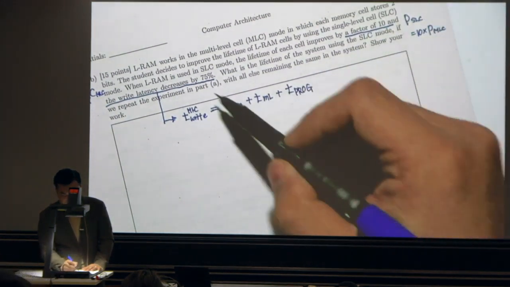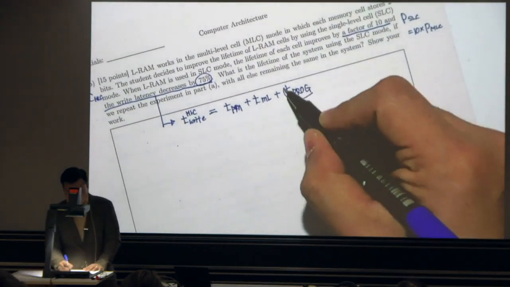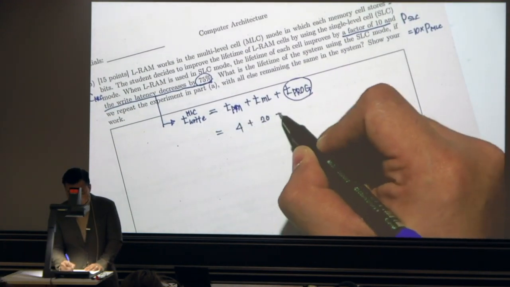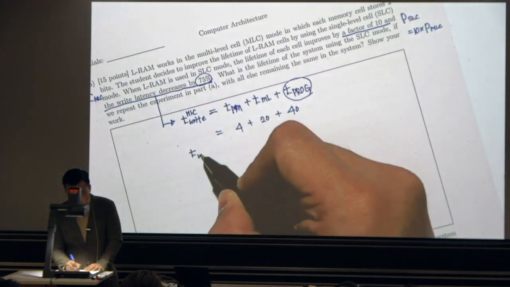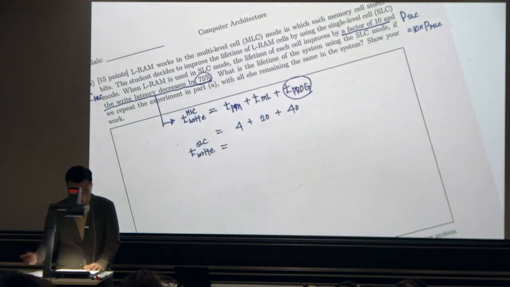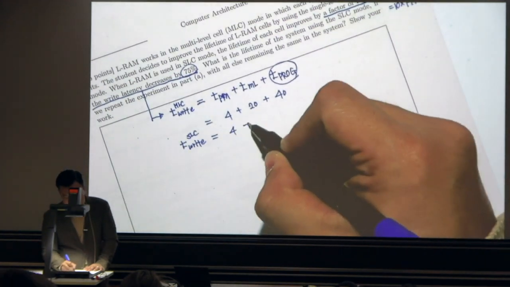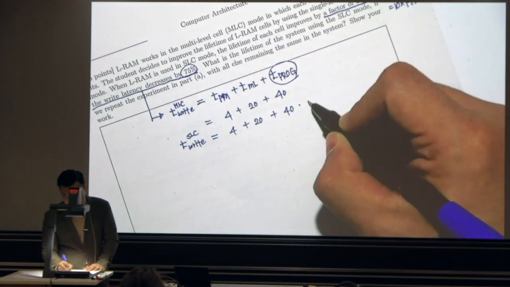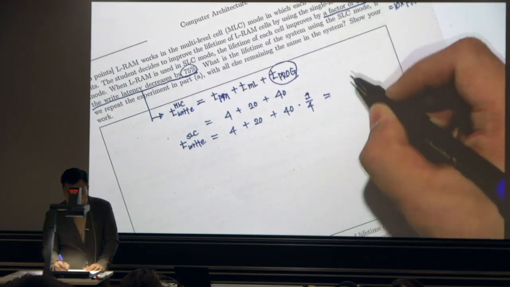So this 75% reduction is only for the last one. So record the value. So this was what it was. So the effective write latency of SLC should be like this. Right?